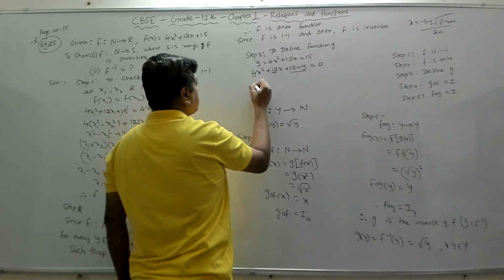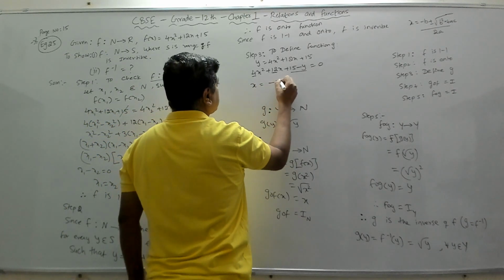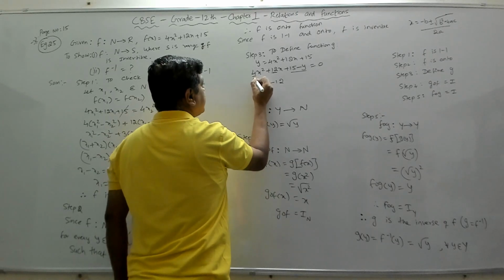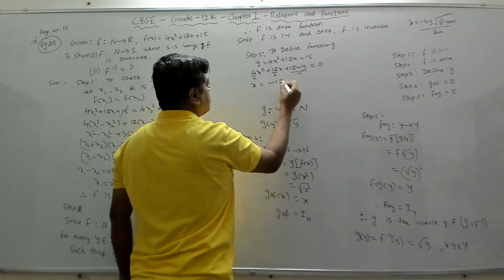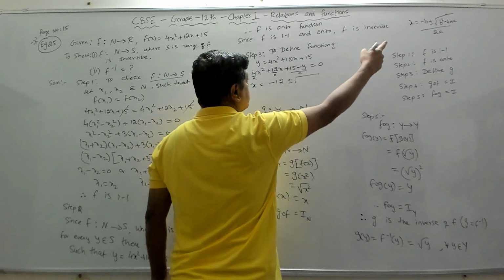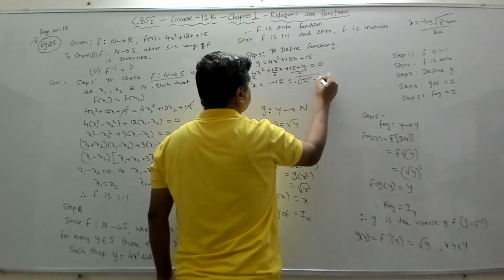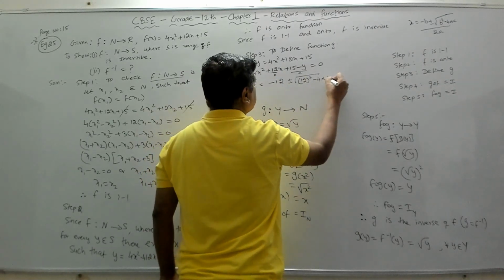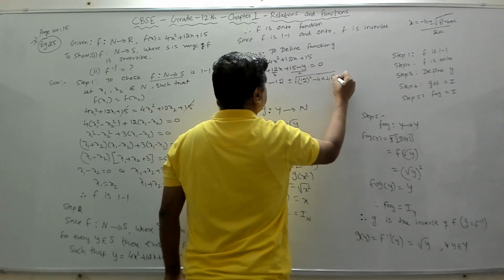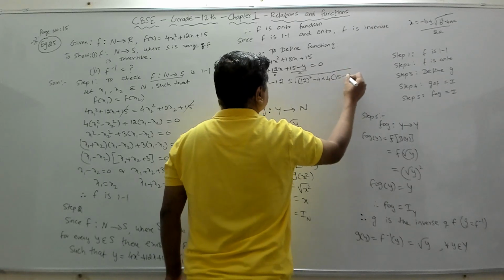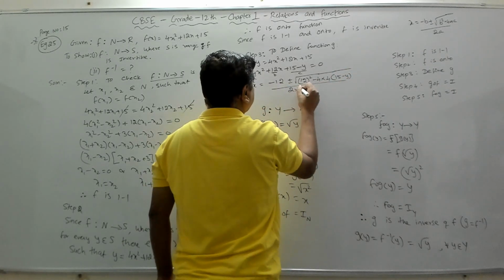So let's apply. X is equal to minus b, which is minus 12, plus or minus square root of b square, which is 12 square, minus 4 into a, which is 4, into c, which is 15 minus y, by 2a, 2 into 4.